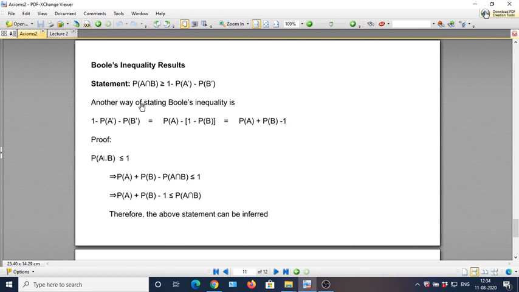If you take P of A union B, it has to be less than or equal to 1. So expanding it, we get PA plus PB minus P of A intersection B is less than or equal to 1. Taking 1 to this side and P of A intersection B to the other side, we get this equation, which is nothing but the Boole's inequality holding good for these two events.